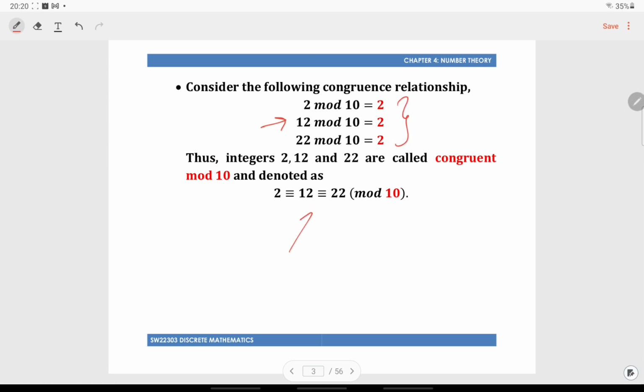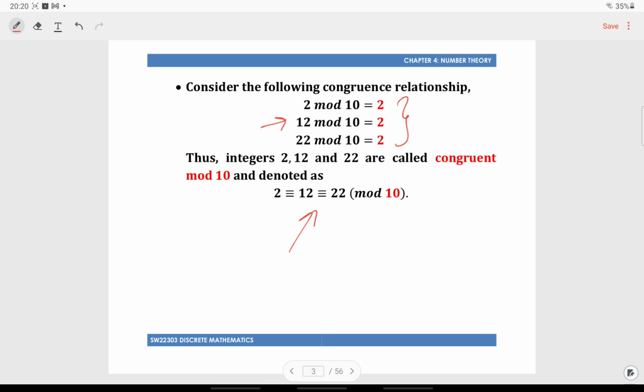But for this modulo notation, we are discussing the congruence relation. When we are talking about the congruence relation, we need to refer back to the definition.